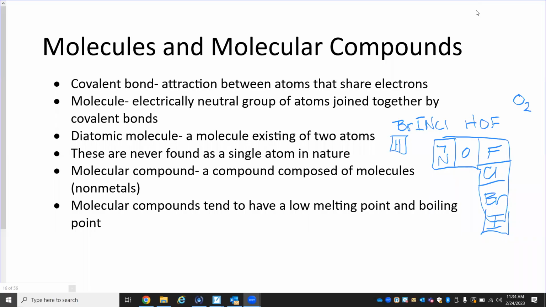Ionic compounds tended to be solids at room temperature, whereas molecular compounds have lower melting points and boiling points. So the majority of these are actually gases at room temperature, with a few exceptions that are liquid.